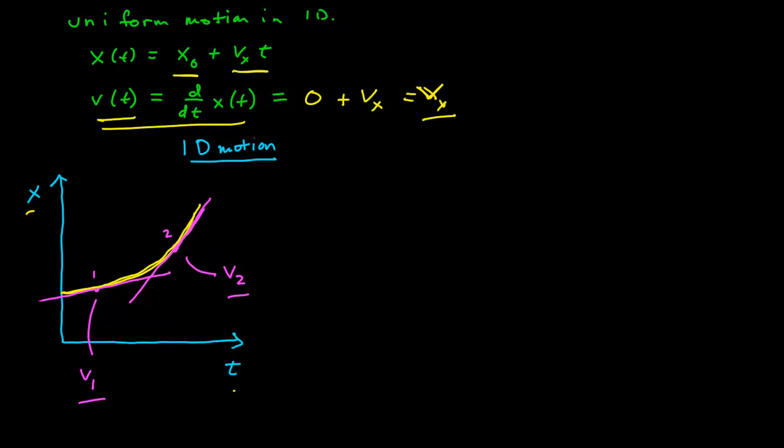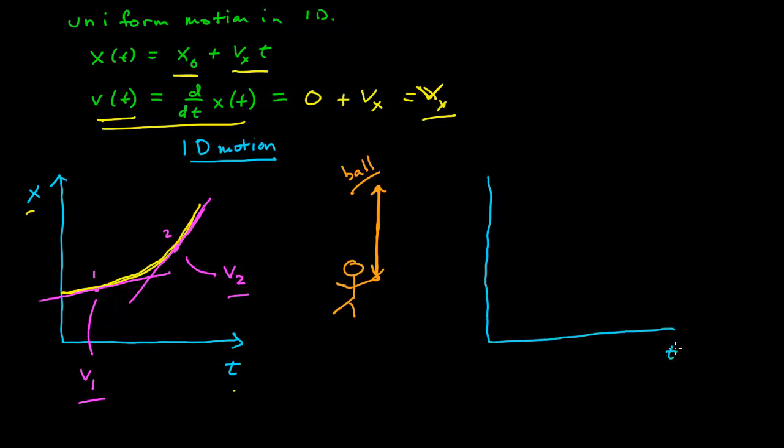Okay, for example, let's look at what a position versus time graph is for the classic throwing a ball up in the air in a straight line and having it come back down. Throw a ball up and down. What does that look like in a position versus time graph? So here's time, here's position.